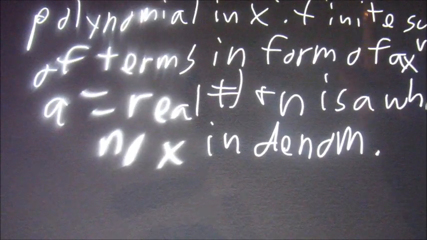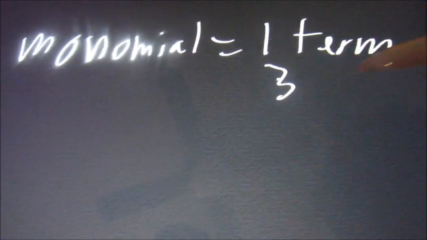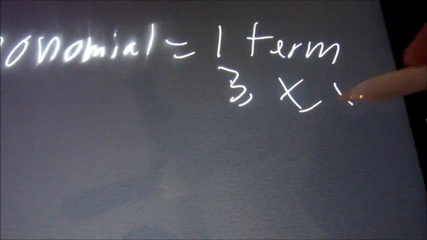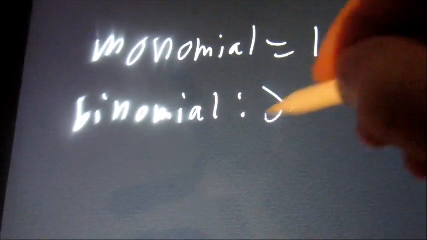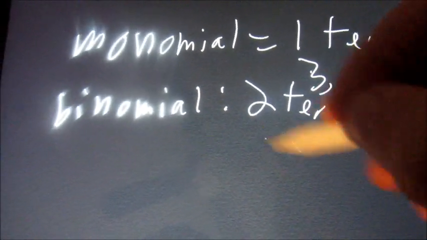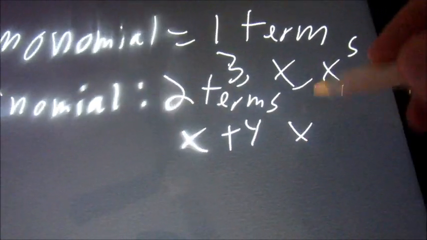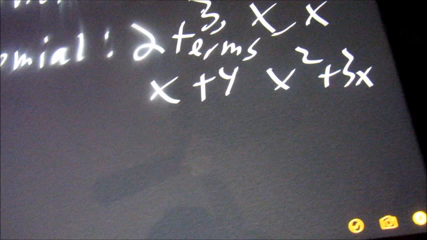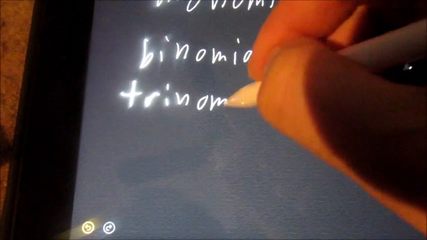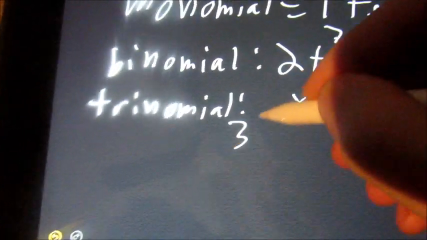Okay, so some different types that you're going to see. A monomial has one term. So it could be 3, it could be x, it could be x to the 5, whatever. A binomial has two terms. So something like x plus 4 or x squared plus 3x. These are binomials. They have two terms. A trinomial has three terms.